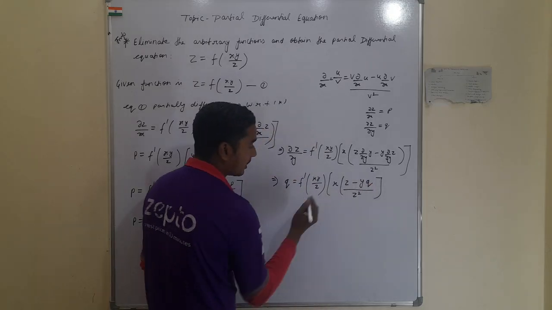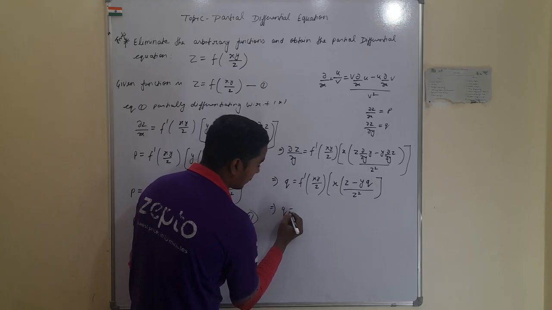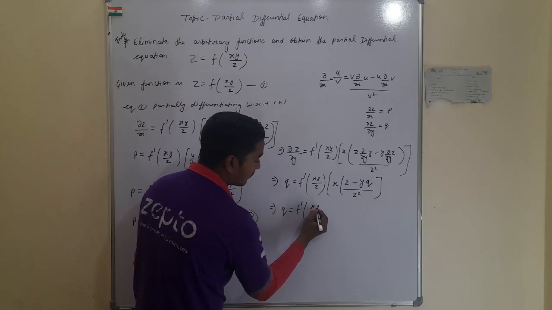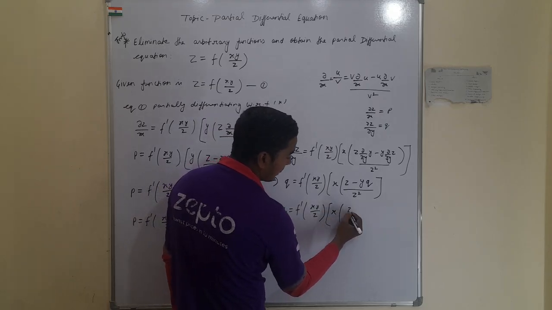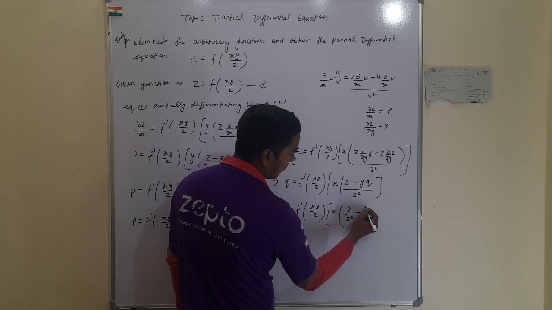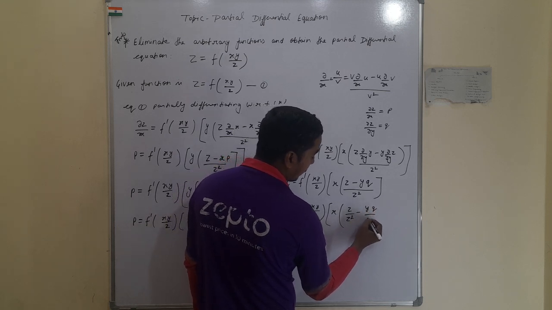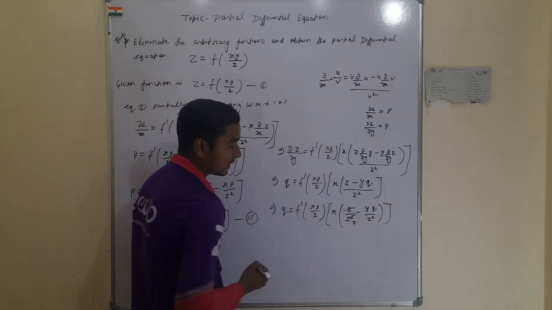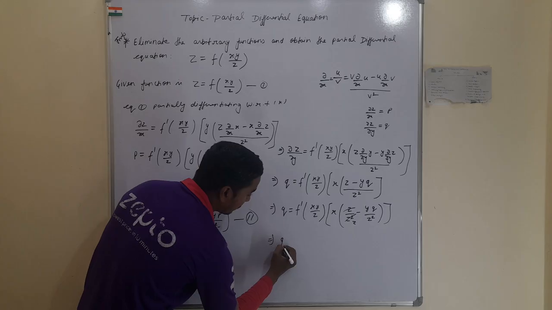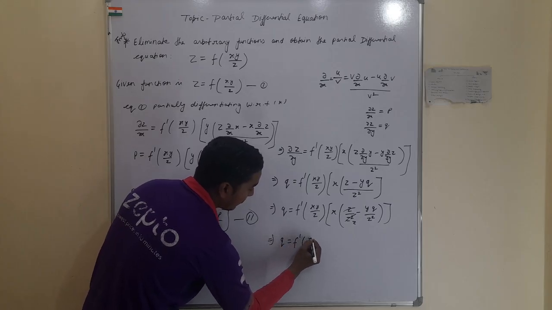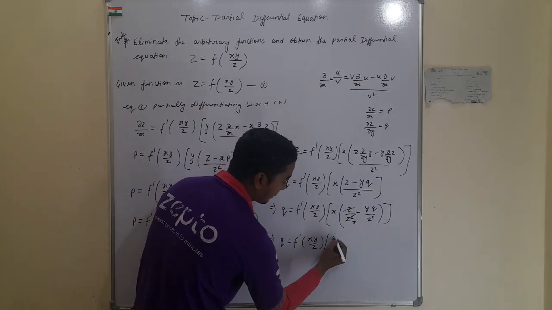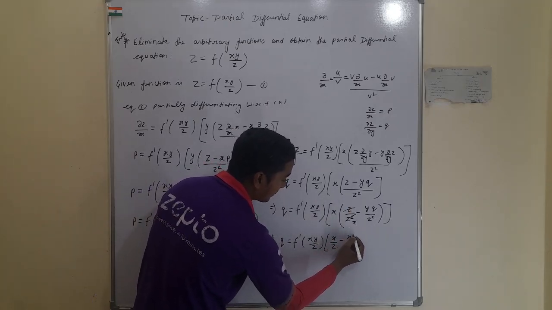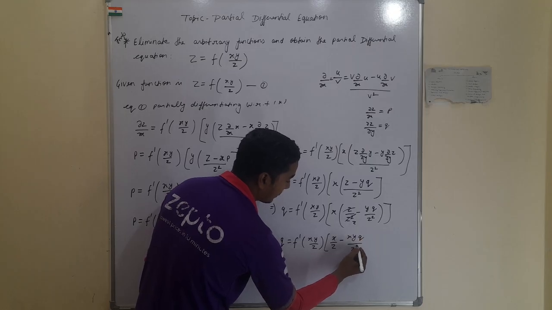Similarly, separating these terms, q is equal to f dash of xy upon z, and here x into z upon z square minus y into q upon z square. From here z to z is cancelled out, remaining z. This gives q is equal to f dash of xy upon z, and we multiply with x. This gives x by z minus xy into q upon z square.